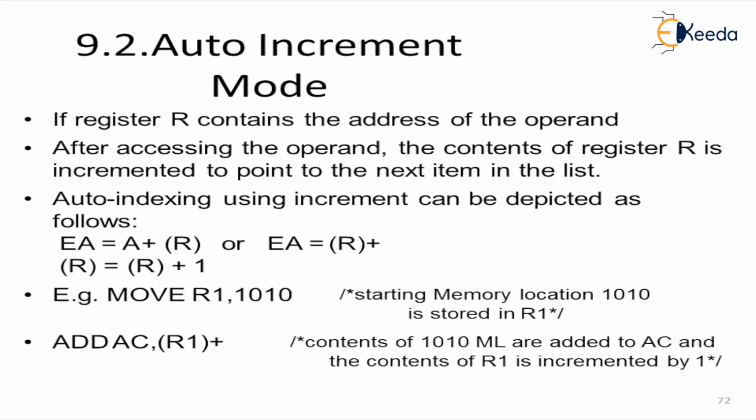Similarly, in the example we have seen, EA is equal to (R) plus. So the content of the register which is indirectly stored is automatically incremented. If the value is not specified, it can be n, some sort of increment, you can consider an n value.